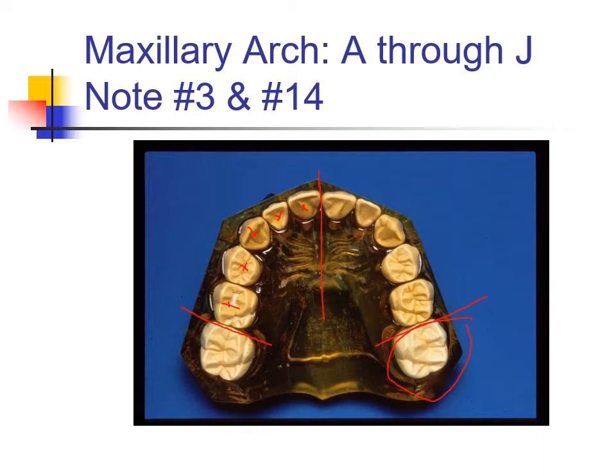The primary dentition is represented by the letters A through J. The same way that we start numbering in the universal system, we start with the upper right second molar, which is A, and then B, C, D, E, F, G, H, I, J, and then of course we drop down, same principle as in the universal tooth numbering system. Then we drop down to the mandibular primary second molar and continue to label using our alphabet.